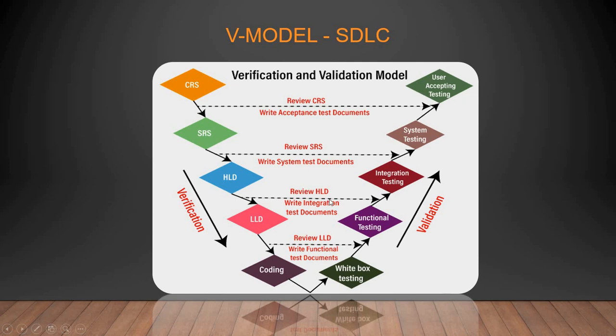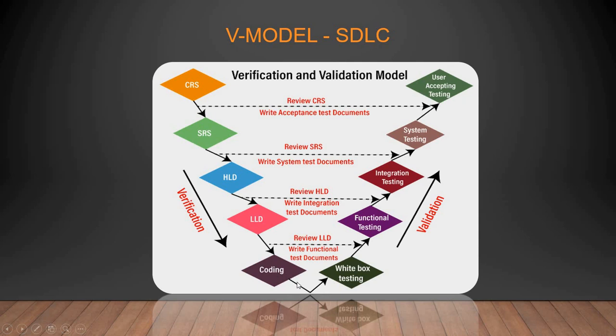In the next stage, the development team starts building LLD, low level design of the product. The test team is involved in reviewing the HLD, high level design, and writes integration test plan and integration test cases. In the next stage, the development team starts with the coding of the product.